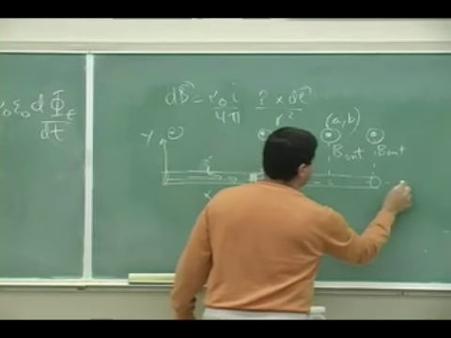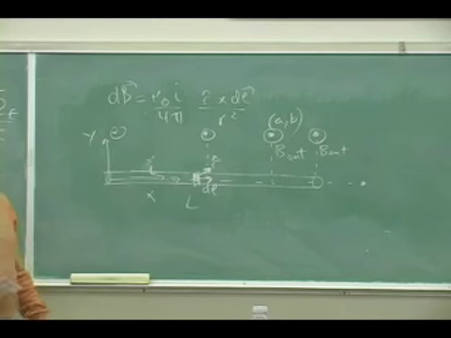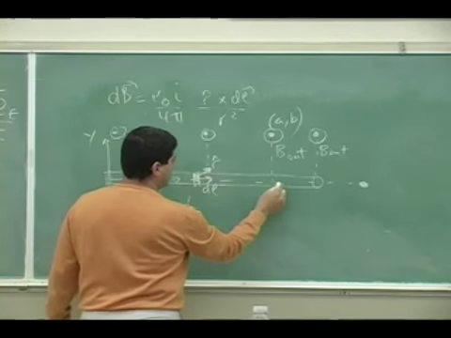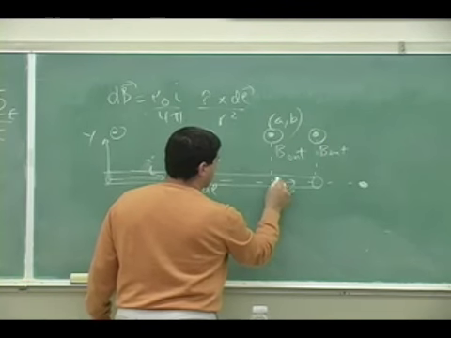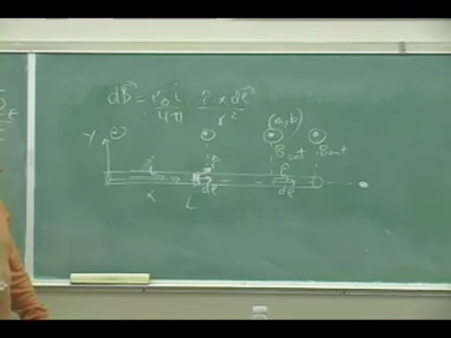How about the magnetic field right here? Well, dl will be like this. r hat will be like that. The cross product of dl and r hat is 0. They're parallel.